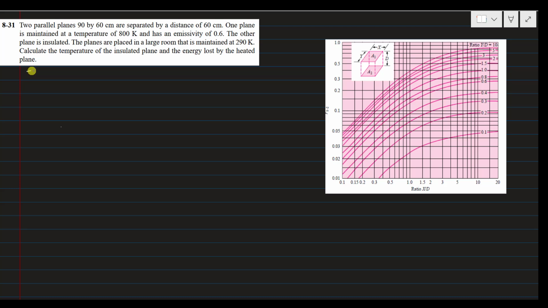The temperature T1 of the heated plane is 800 Kelvin, and its emissivity E1 is 0.6. The temperature of the room, let's say T3, is 290 Kelvin. So this is plane 1, this is plane 2, this is its x dimension, this is its y dimension, and the distance between these two planes is d.